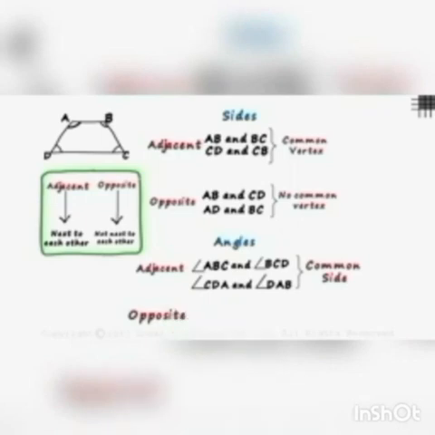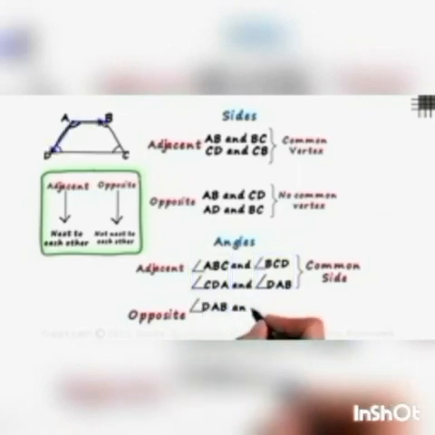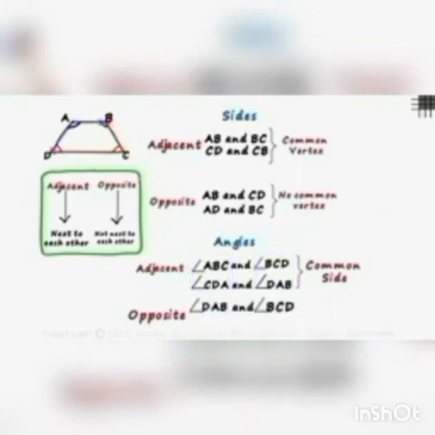Next, opposite angles. We have only two pairs of opposite angles. They are angle BCD and angle DAB. Next, angle ABC and angle CDA.